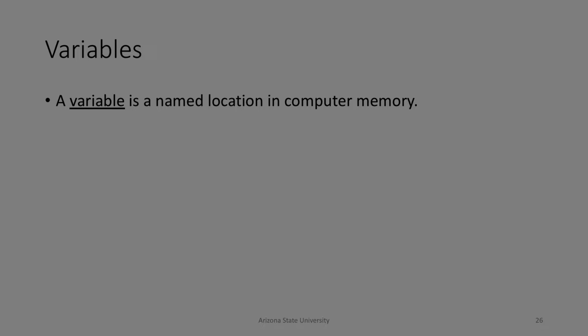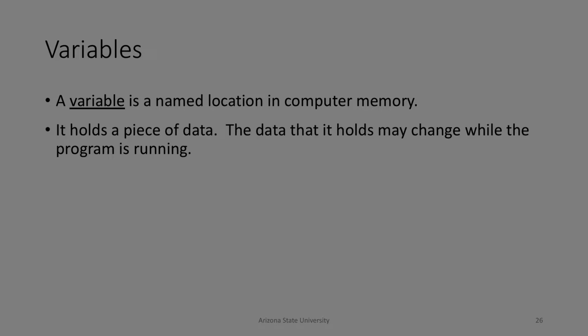So num1 is going to be assigned some location in memory, and then it's going to occupy some value at all times. It either could be initialized to 0, like some of the variables we've already seen, or in the case of num1, where we initialized it originally to 5, the memory location corresponding to num1 holds the value 5. Okay? And it holds a piece of data, and obviously it can change.